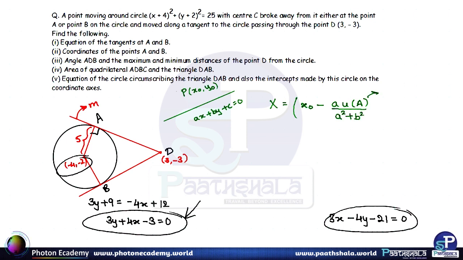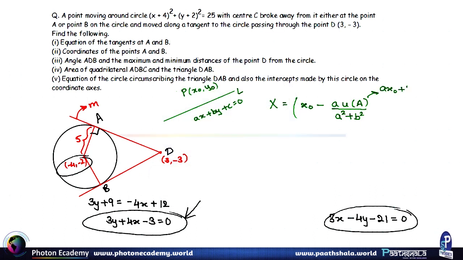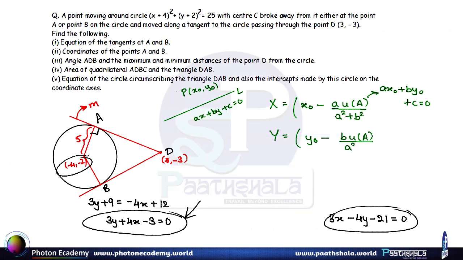U(P) means we just have to substitute point P in the equation of line L. So u(P) is basically equal to a x0 plus b y0 plus c. And the y coordinate is equal to y0 minus b u(P) upon a square plus b square.